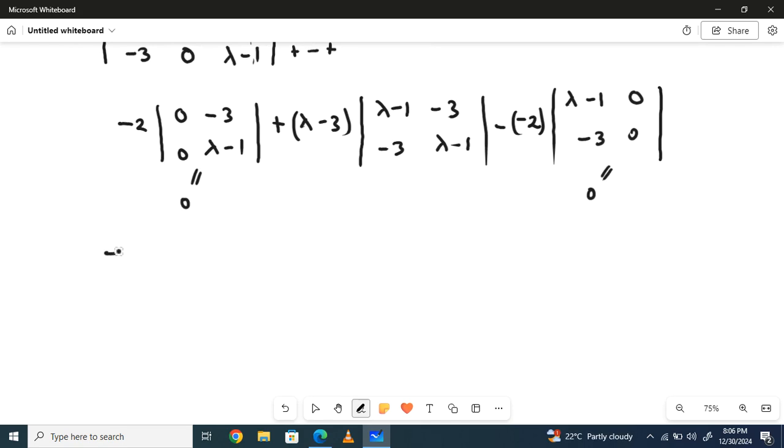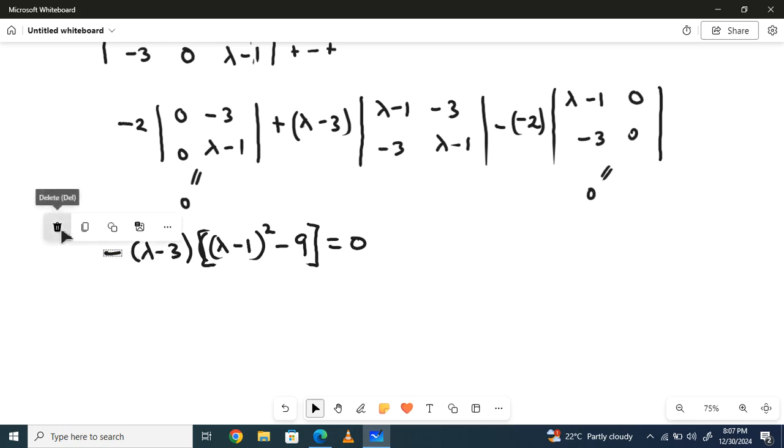You can see it's a 3 by 3 matrix. We're going to get lambda minus 3 into lambda minus 1 squared minus 9. Let's use the curly bracket so that we can easily differentiate, equals 0. As we simplify here, we have a difference of two squares. So instead of going the long way, we'll just use that. Lambda minus 1 squared is a square, and 9 is also a square.